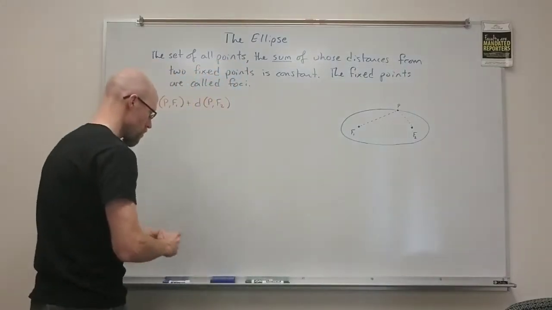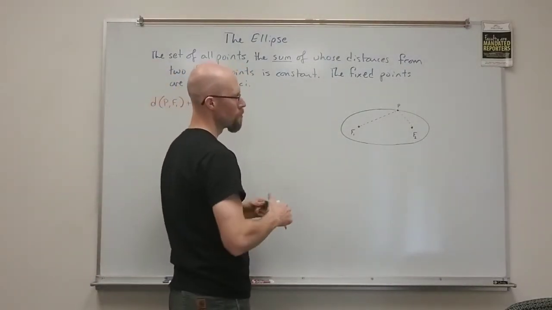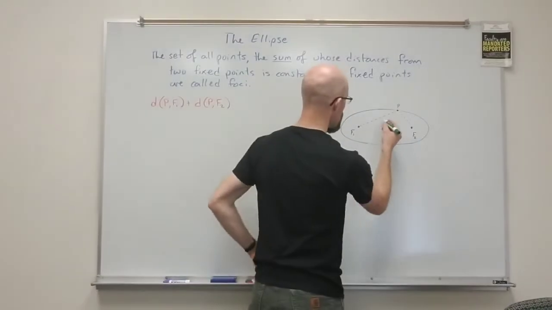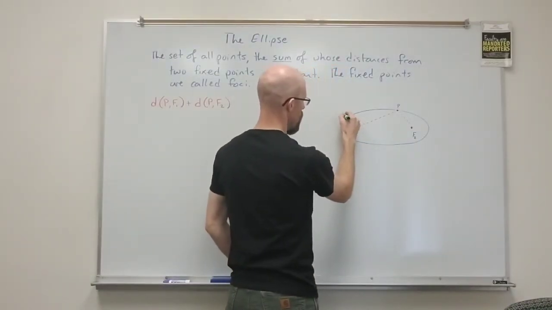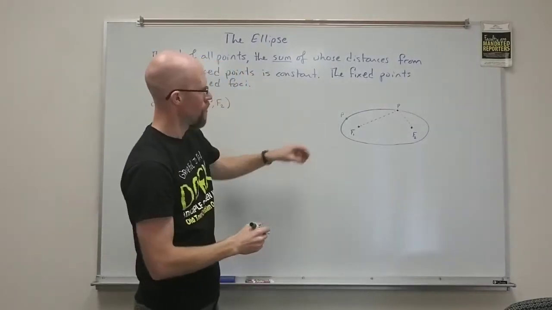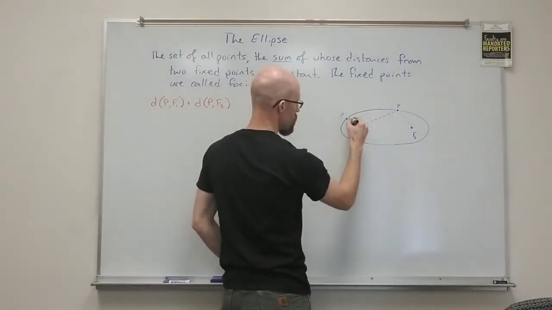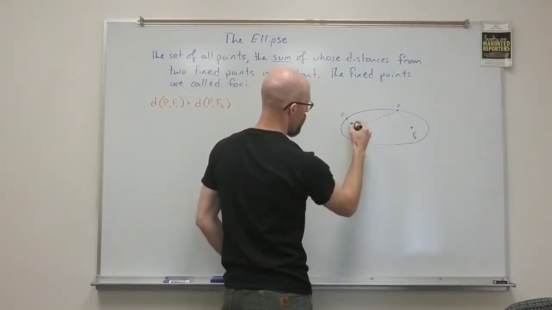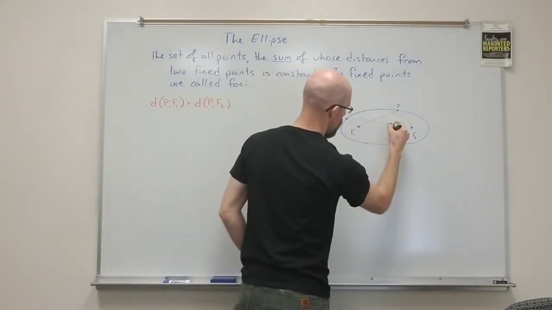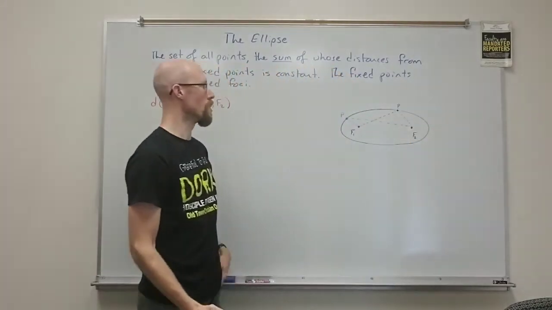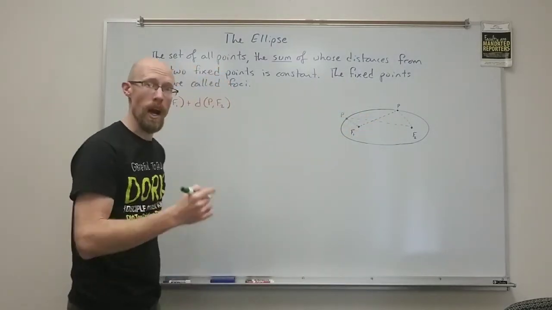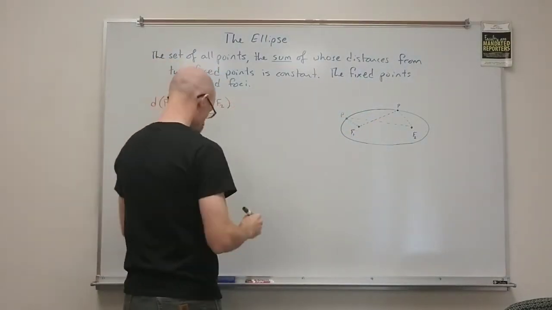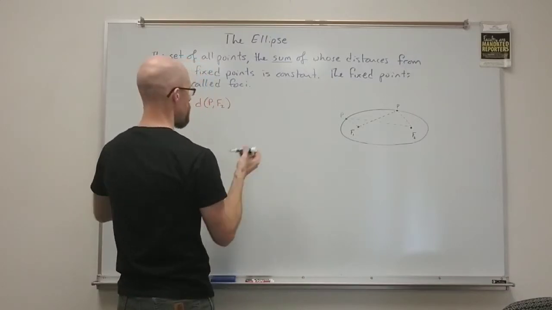All right, and so if I were to move that point P, let's say I moved it over to here, okay, then again you have two distances, one distance to F1, the other distance all the way over there to F2. Again, the individual distances change, however their sum remains the same.